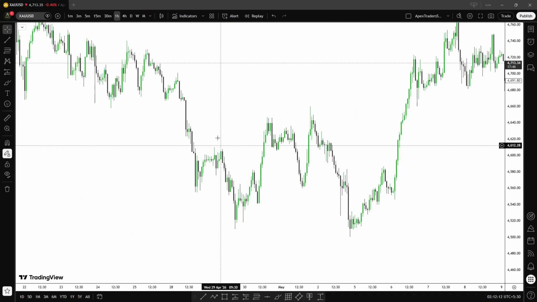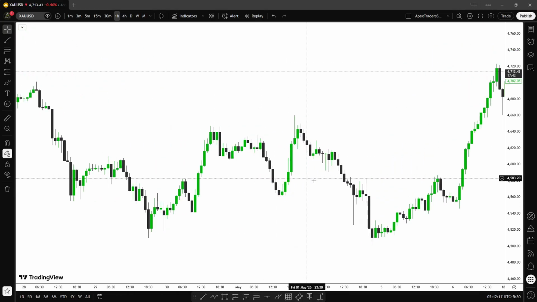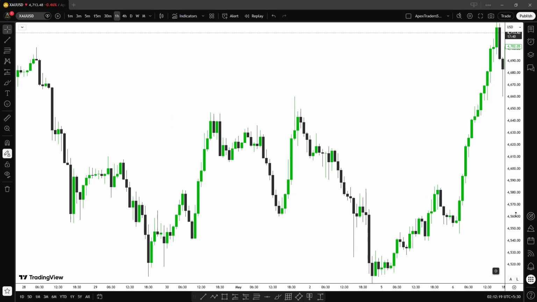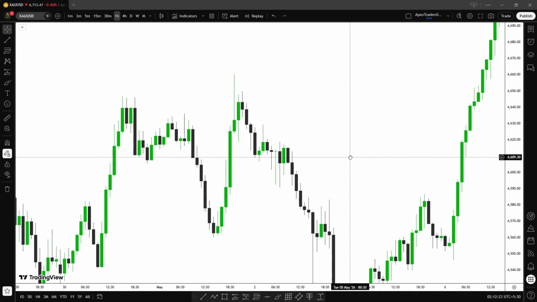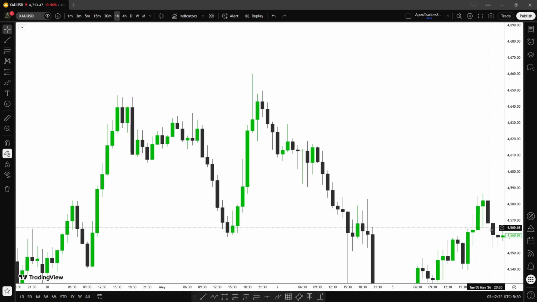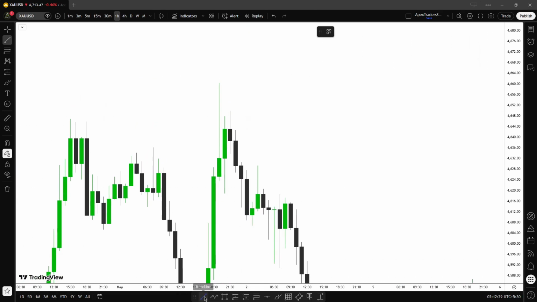So for example, let's start from here. We are going to check the recent candle here. The black candle will be our first candle.